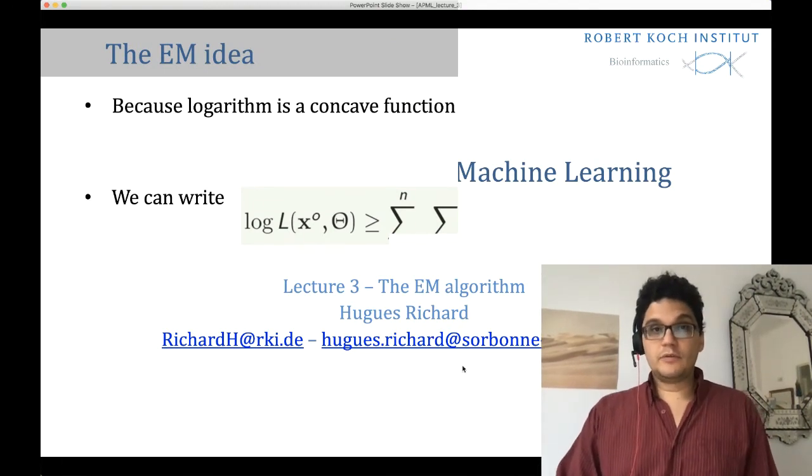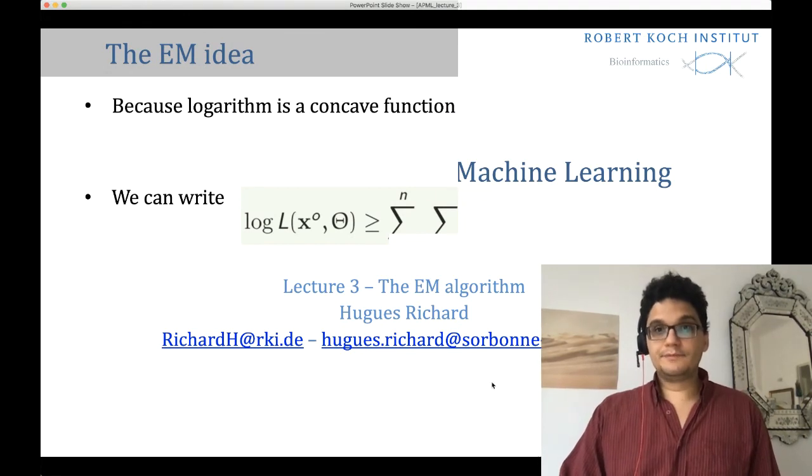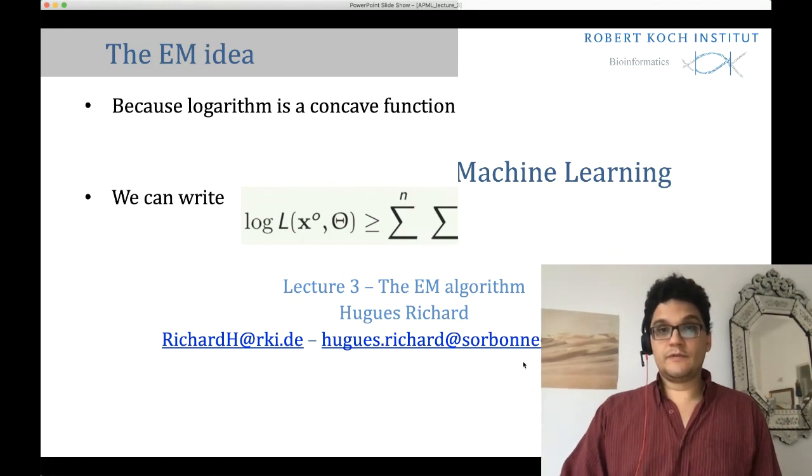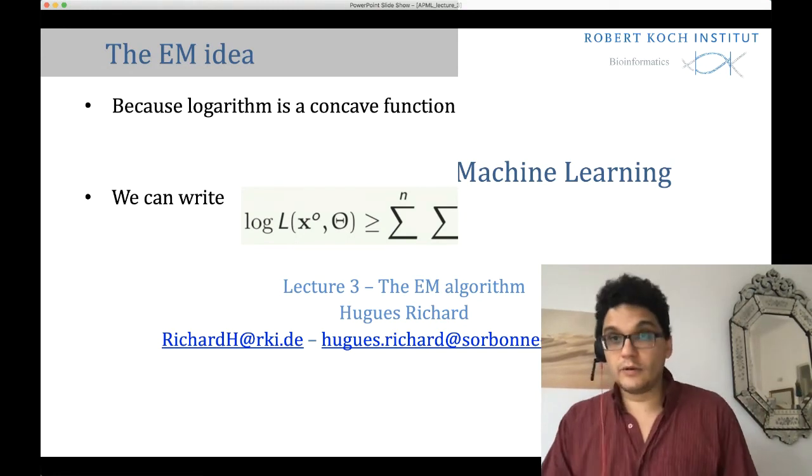But first you need to notice that as the logarithm is a concave function, the logarithm of a linear combination of values, so here those are the scalars and those are the values, is always bigger than the linear combination of the logs of the values. It's called Jensen's inequality, and it works for any concave function.